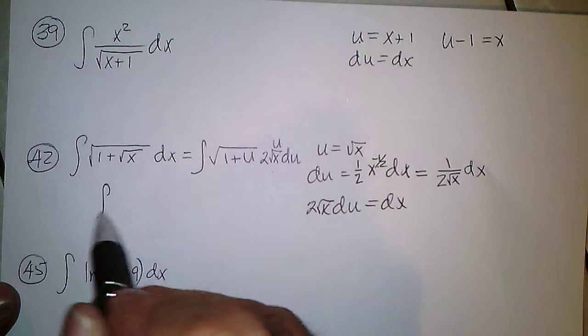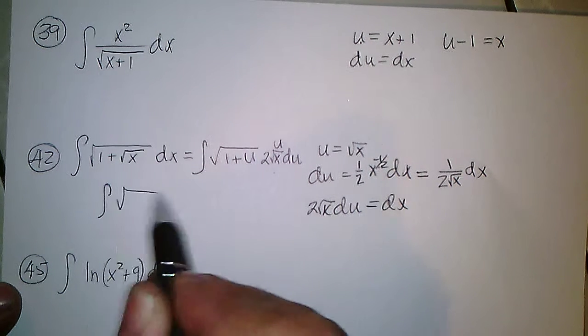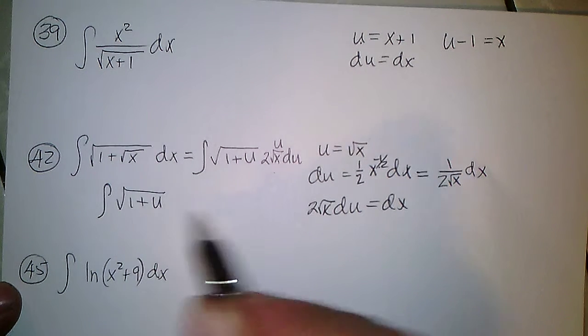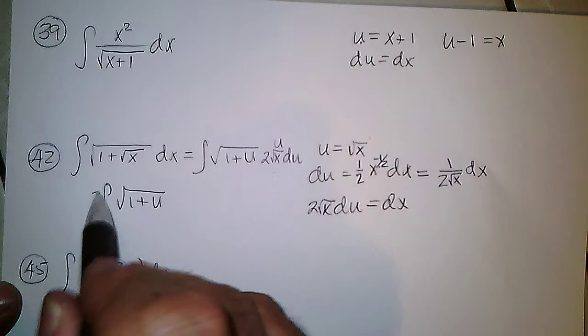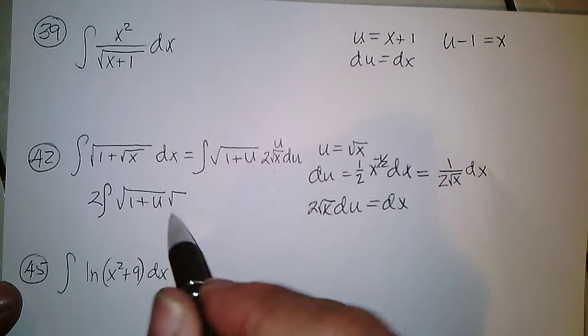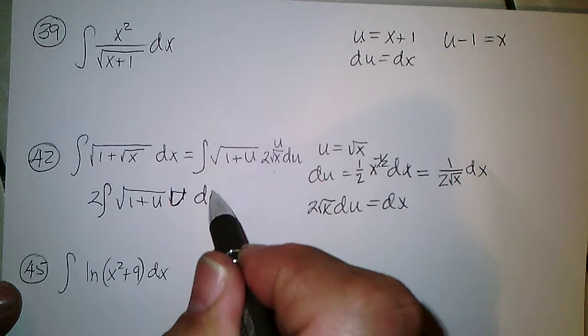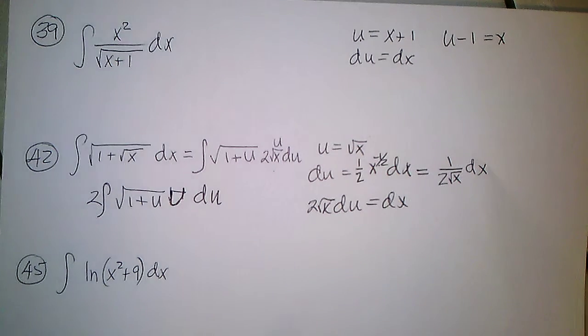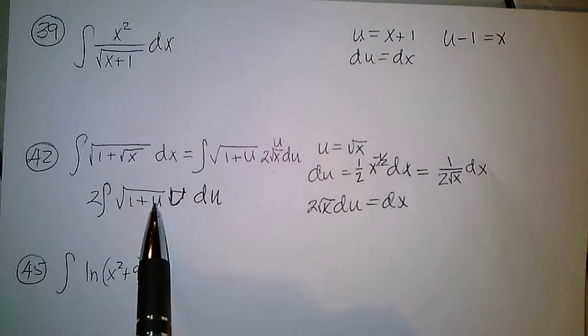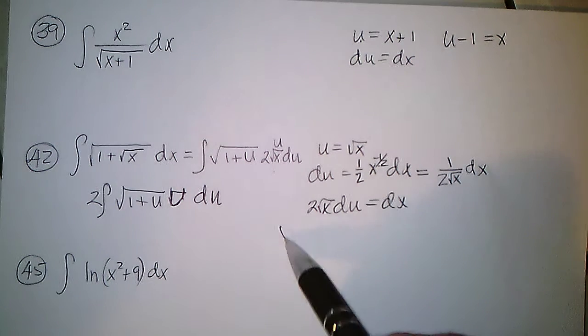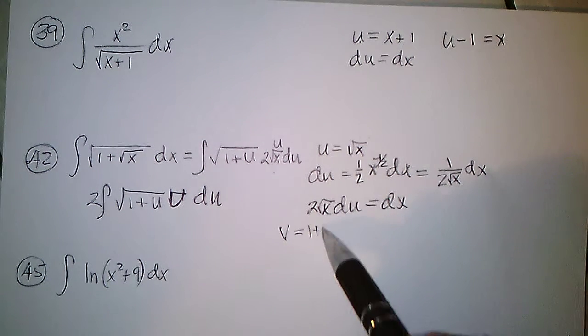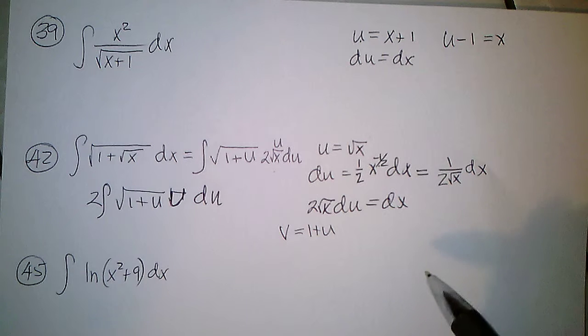So this is the integral of square root of 1 plus u times 2 times u du. Now to make this work, I would probably let a second substitution, v equal 1 plus u, and this would work out.